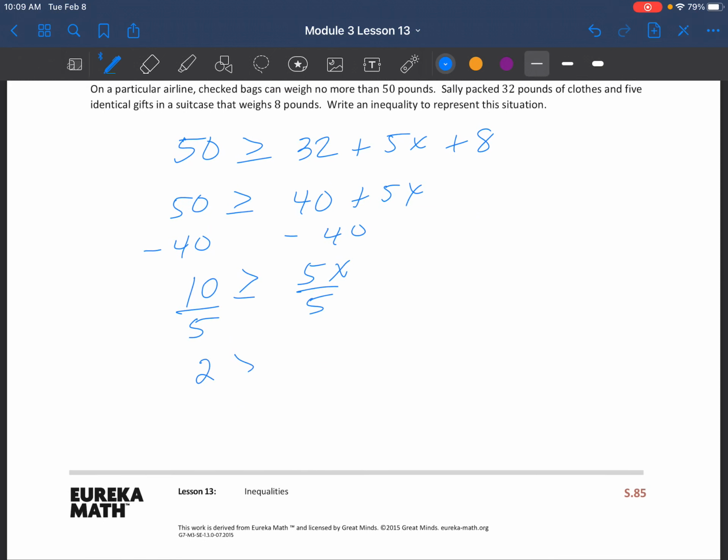Now we're going to subtract 40 from both sides. We end up with 10 is greater than or equal to 5X. Divide both sides by 5. We end up with 2 is greater than or equal to X. So each gift weighs 2 pounds.